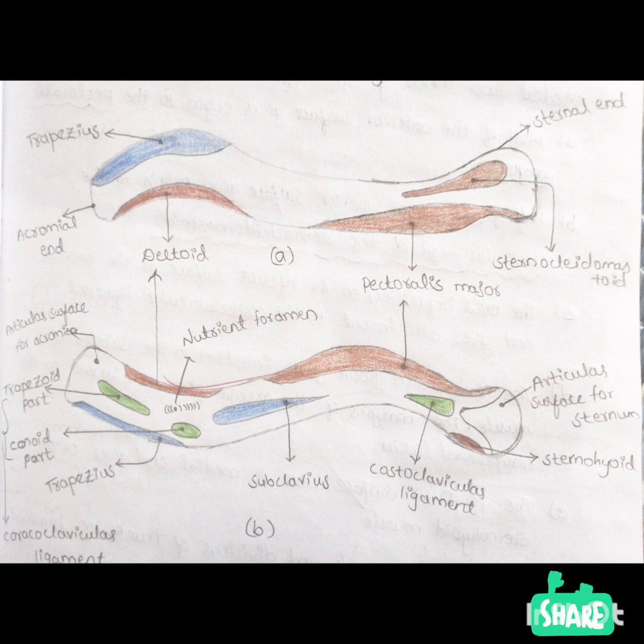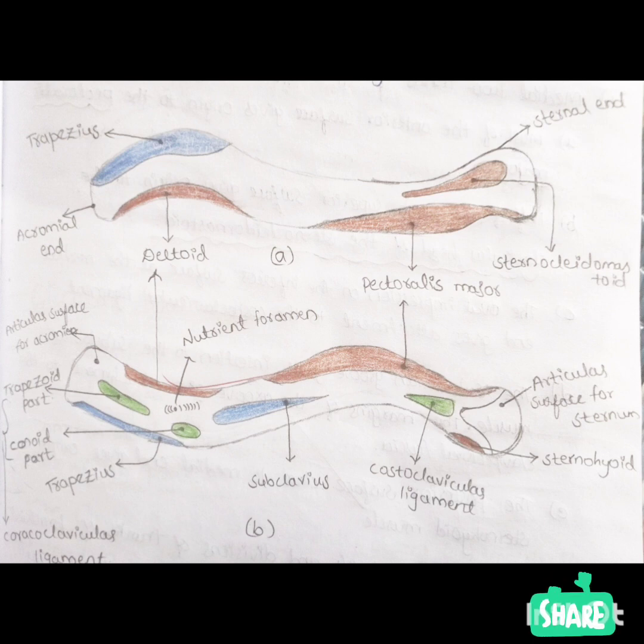Now, medial two-thirds of the shaft. Medial two-thirds of the shaft has four surfaces, and most of the anterior surface gives origin to the pectoralis major. Half of the rough superior surface gives origin to clavicular head of sternocleidomastoid muscle.